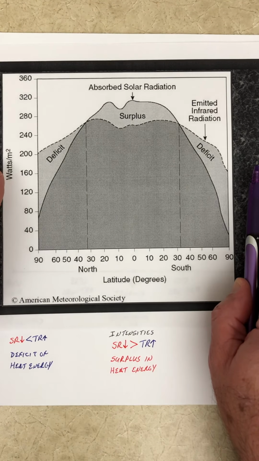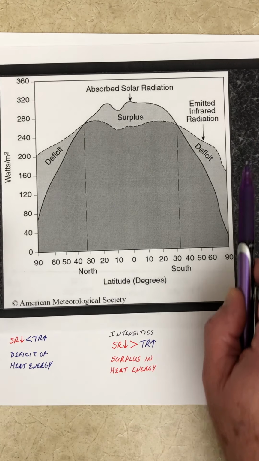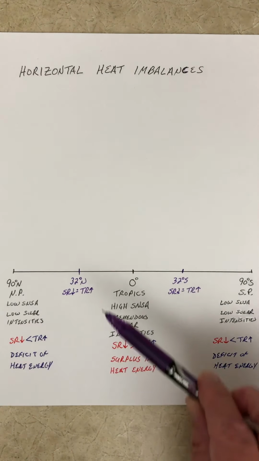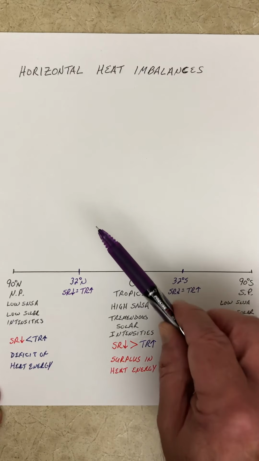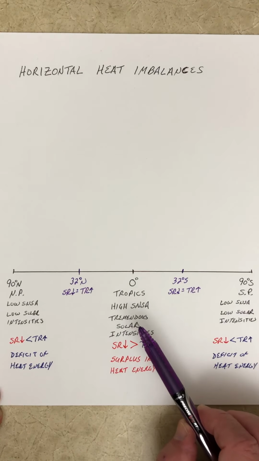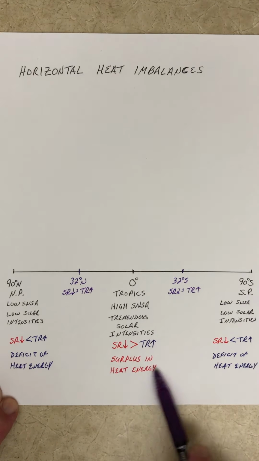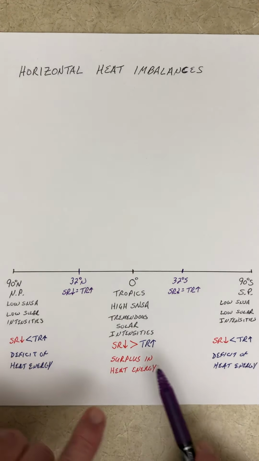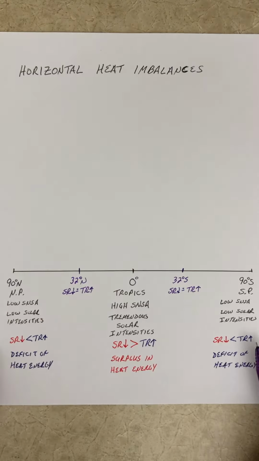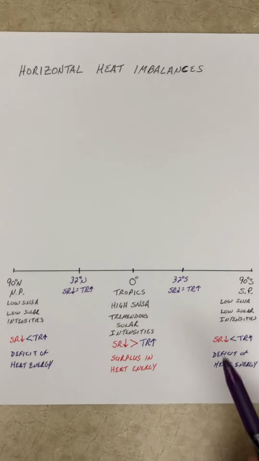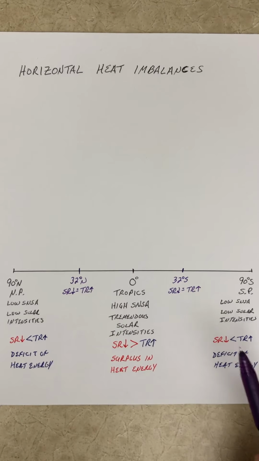That's where we're taking this discussion next. In fact, I am going to build on this figure, and we're going to take a look at how we move that surplus heat energy from the tropics towards the poles in order to try to reach equilibrium. That's what's coming up next.